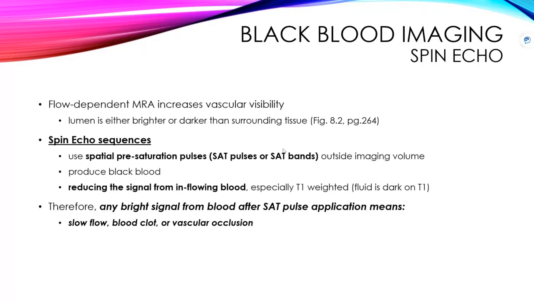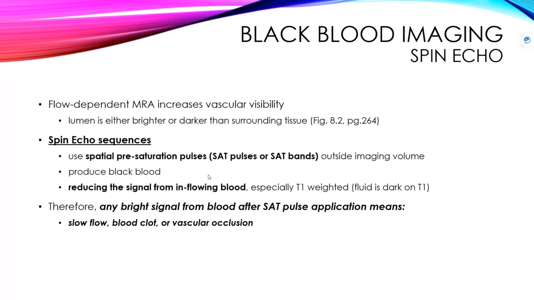Typically, when you want to saturate something out, it's always going to be pre. You hardly ever see yourself saturating something after it's been exposed to an excitation pulse. You almost always want to saturate something ahead of time. So anytime you see saturation, sat band, sat pulse, it's always going to have the term pre behind it. You may not see it, but it's implied, okay?